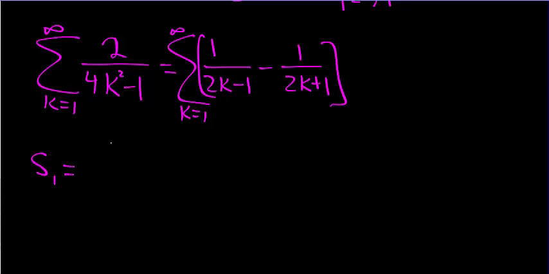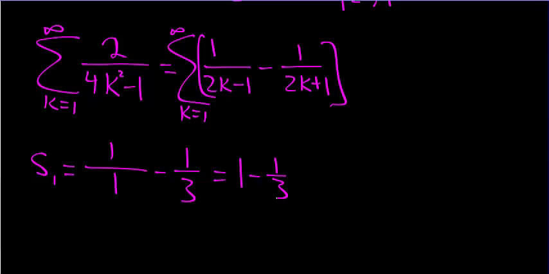The first partial sum is just going to be 1 over 1 minus 1 over 3. Did y'all see that? All I did was put a 1 in place of k, and I got 1 minus 1/3. Is everybody okay with that? That's my first partial sum.